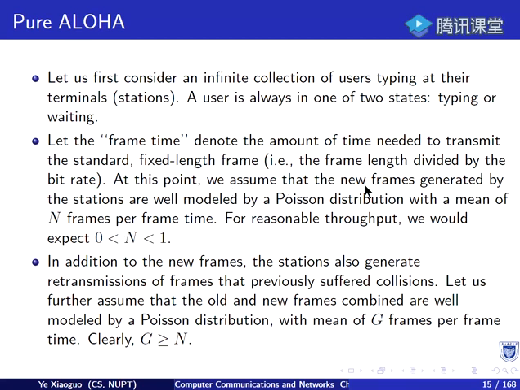We assume that new frames generated by the stations are well modeled by a Poisson distribution with a mean of n frames per frame time. Here n is in the range 0 to 1. In addition to the new frames, the stations also generate retransmissions of frames that previously suffered collisions.